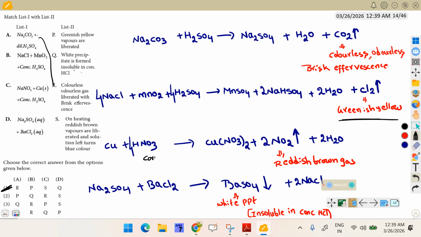Copper reacts with concentrated HNO3, NO2 gas is liberated, that is a reddish brown gas. Na2SO4 reacts with BaCl2, then BaSO4 precipitate is formed. BaSO4 is a white color precipitate. It is insoluble in concentrated HCl.